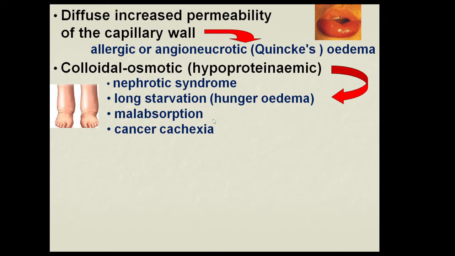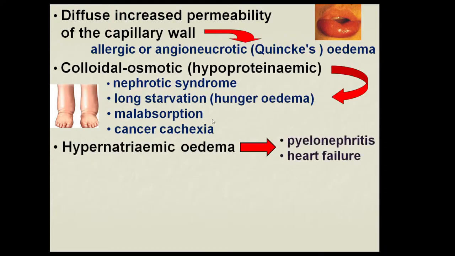It is characteristic for malabsorption, when protein cannot be absorbed and taken into the metabolic process, and for cancer processes, because due to the new growth protein metabolism is disturbed.